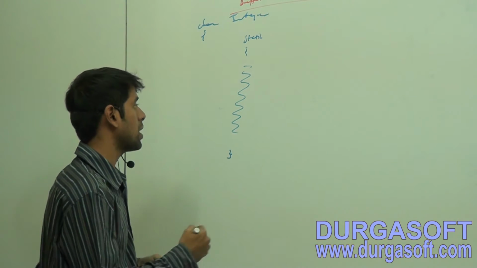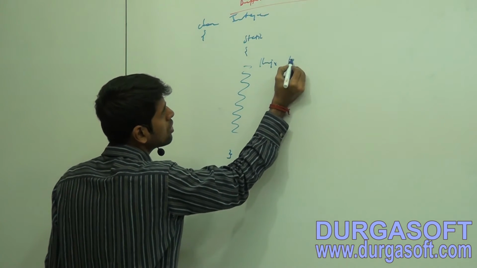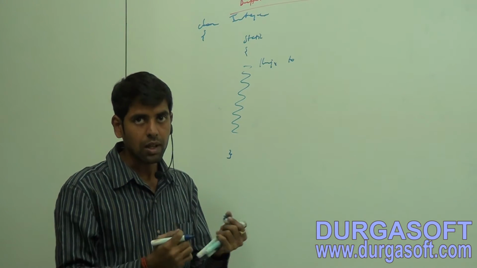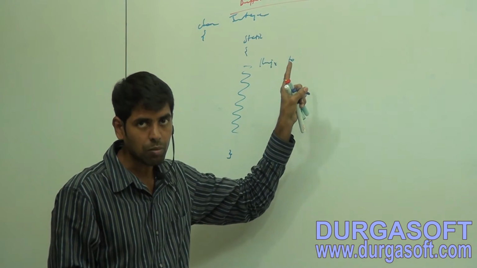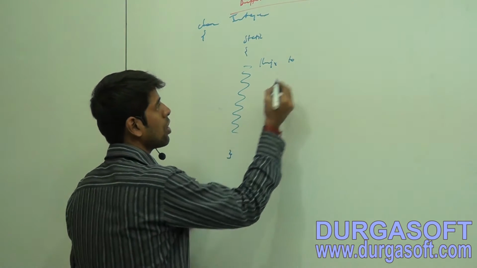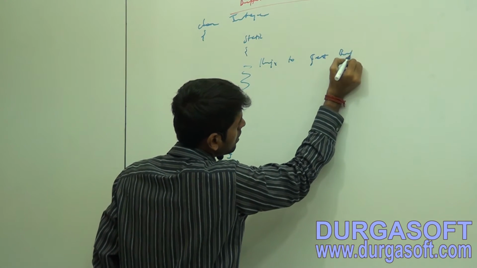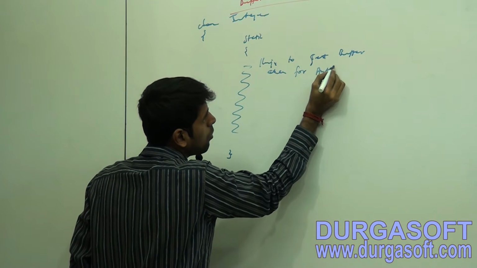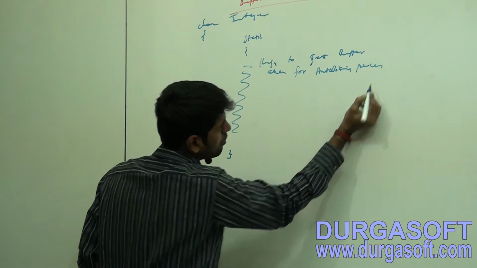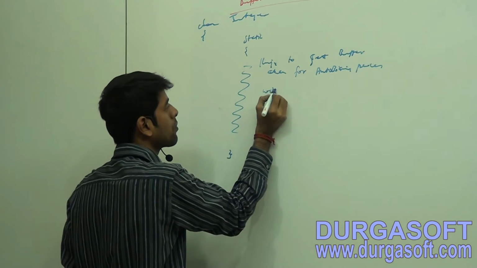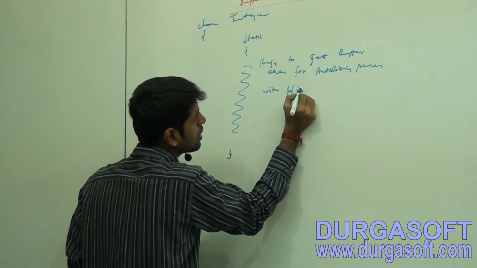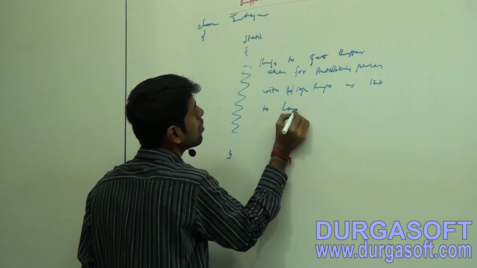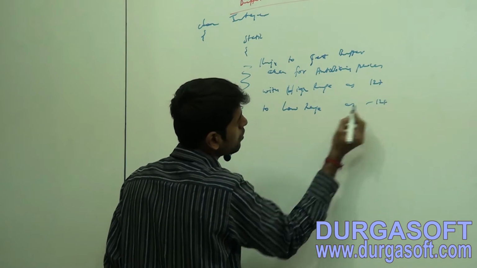Within this static block you have logic to get memory from the buffer area for the auto boxing process, with high range as 127 and low range as -128.